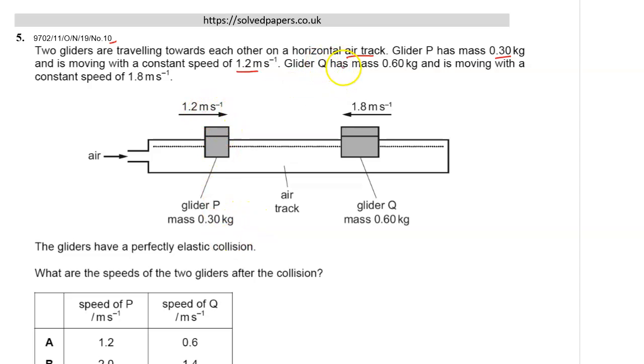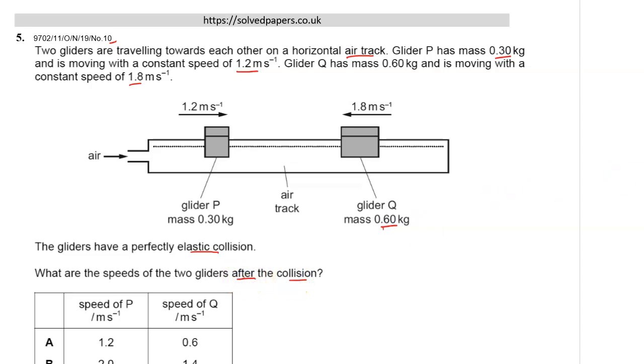Glider Q, mass 0.6 kilogram, is moving with a constant speed as indicated. The gliders have a perfectly elastic collision, so kinetic energy is conserved. What are the speeds of the two gliders after collision?